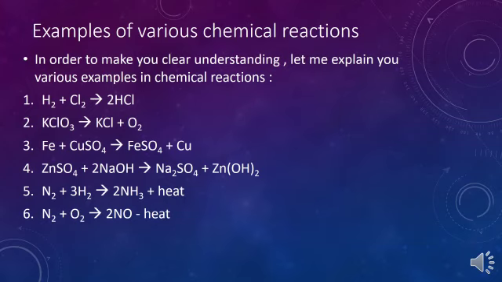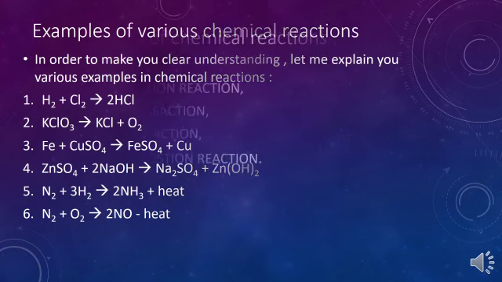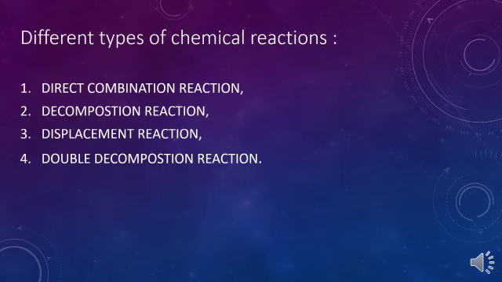Example 5, nitrogen plus hydrogen gives ammonia along with evolution of heat. Example 6, nitrogen plus oxygen gives nitric oxide by absorbing some heat. So these are some of the examples of equations.